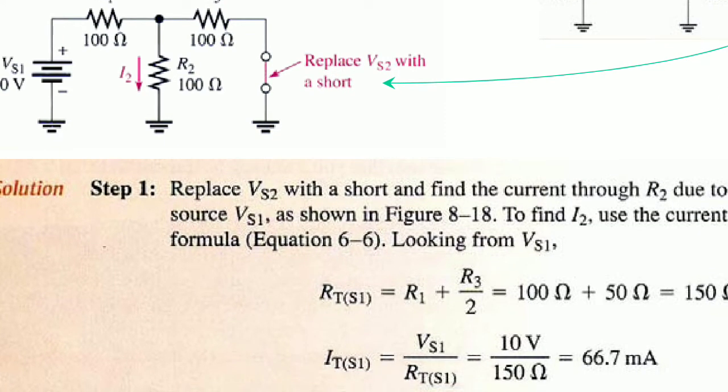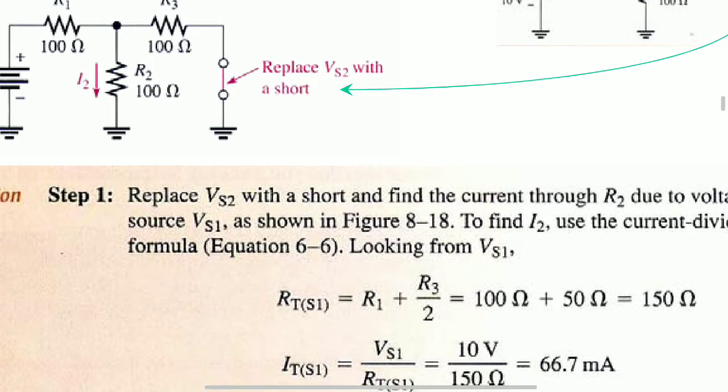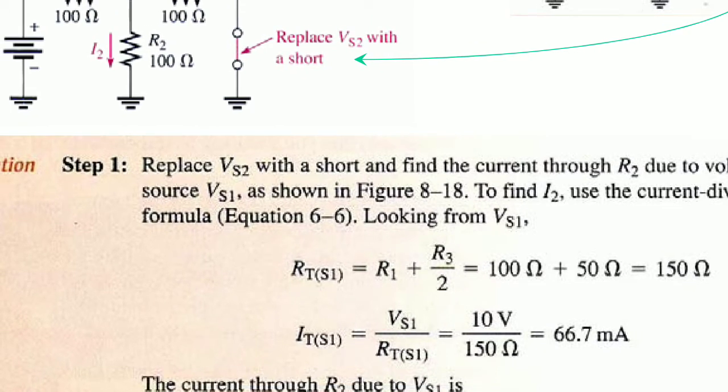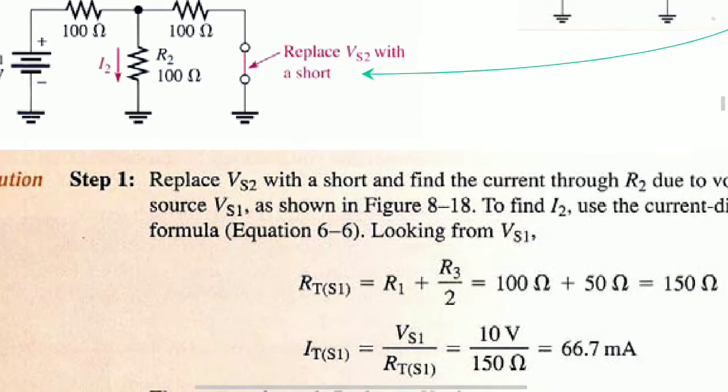So 100 parallel 100 gives a resultant resistance of 50 ohms, and this 50 ohms and 100 ohms are in series, so we get 150 ohms. Now the current IT is Vs1 by RT of S1, 10 volts by 150 ohms, which gives 66.7 milliamps.